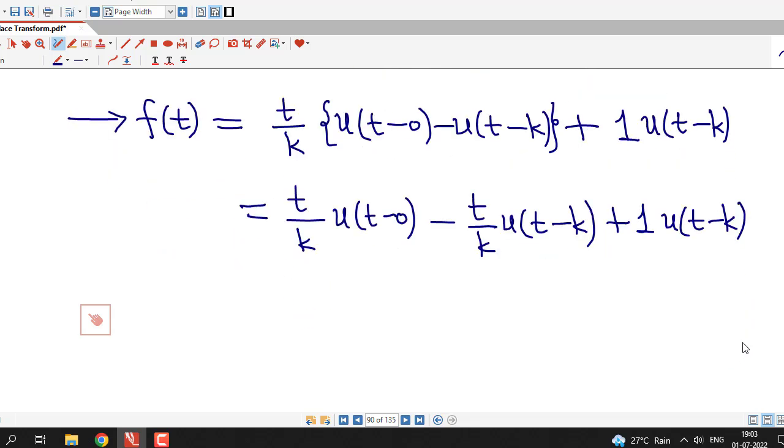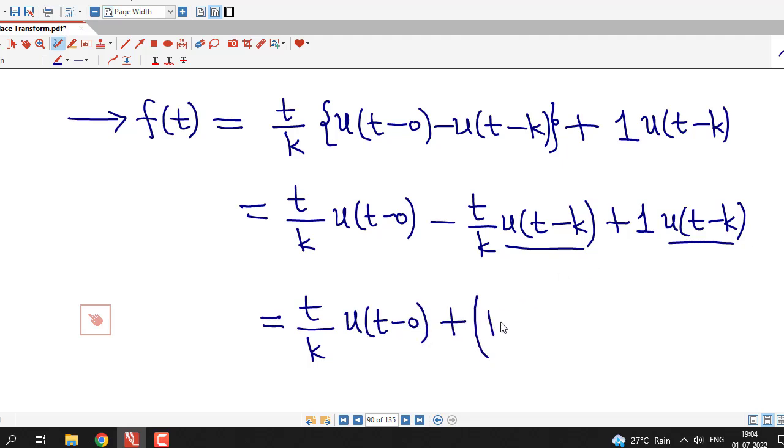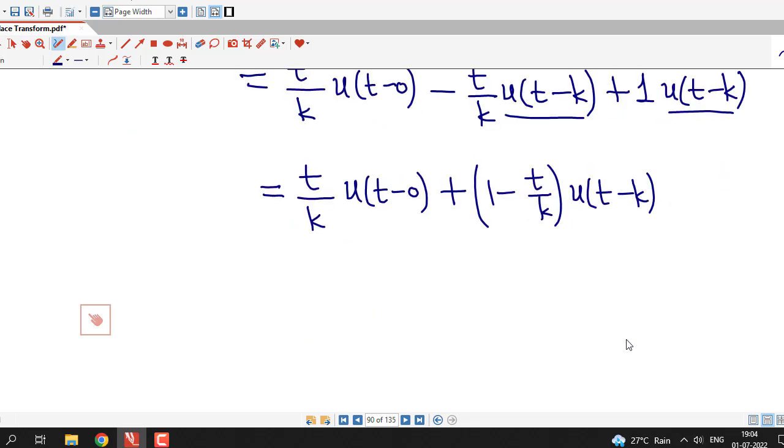And in the next step we will take u of t minus k common from these two terms, and we rewrite our function as t by k u of t minus 0 plus 1 minus t divided by k times u of t minus k. And we can simplify further also.